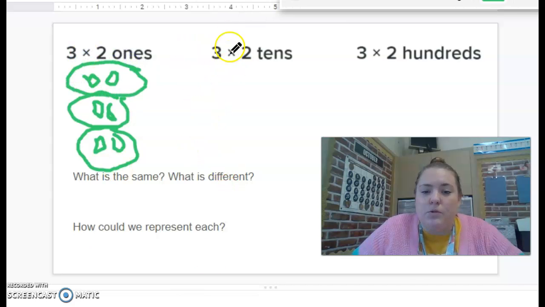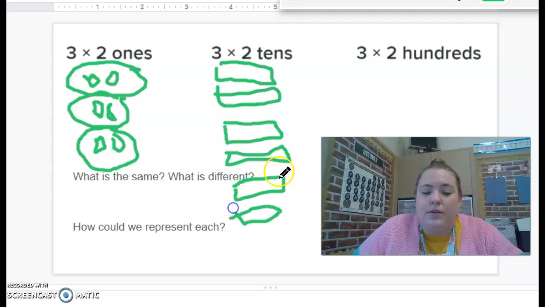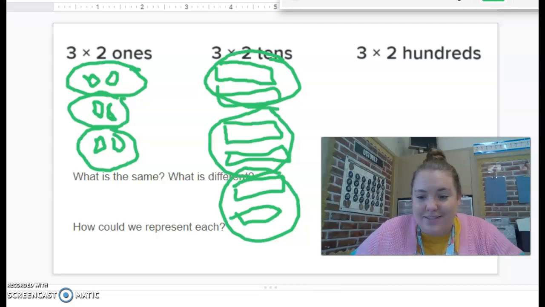Okay, so now I'm going to do it with tens. So I have 1, 2, that's 1 group of 2, 2 groups of 2, and 3 groups of 2. 1, 2, 3, 4, 5, 6.